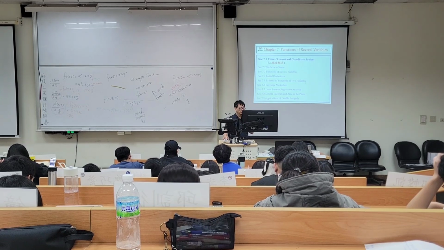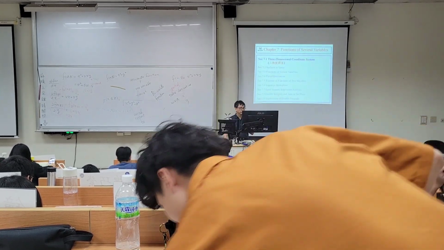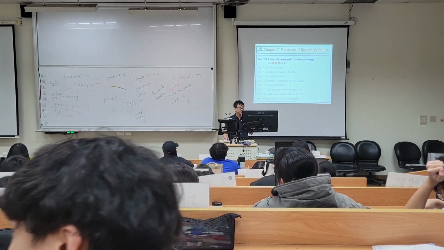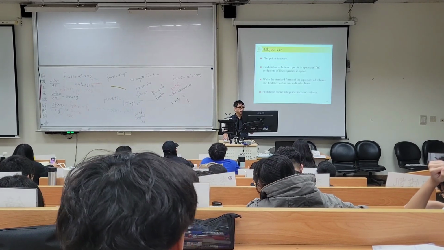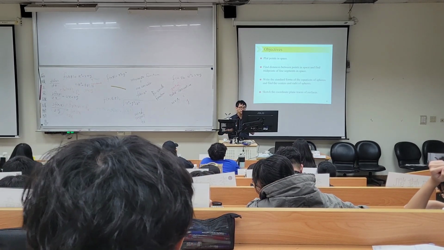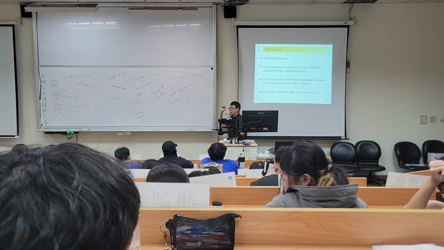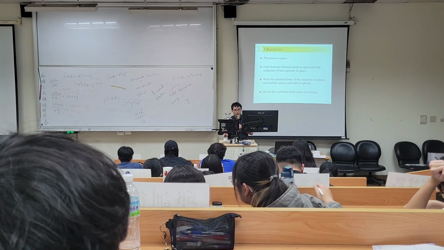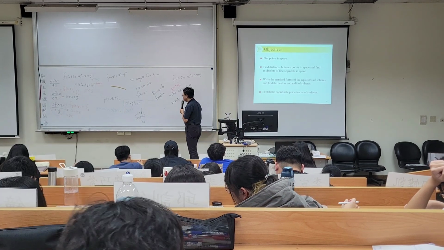Okay, here. So for the first section, the three-dimensional coordinate system. So what you need to do is make sure you know how to plot points in a three-dimensional space, and you know how to find distance.